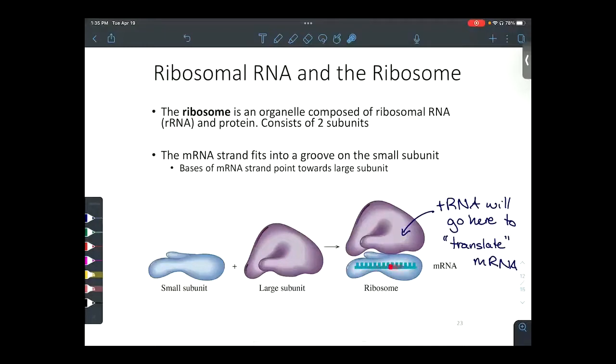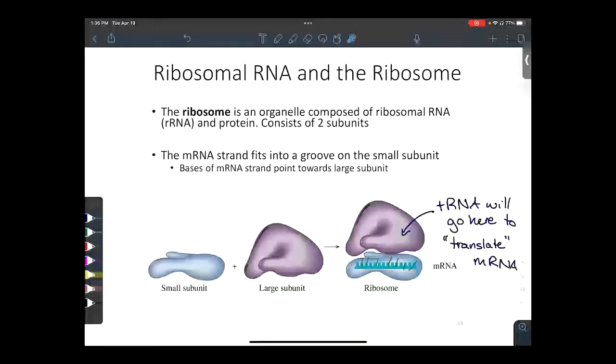And so here is your strand of mRNA, and note that the nitrogenous bases are pointing up, kind of flailed out. So tRNA can come in and read those nitrogenous bases that are sticking up. Your tRNA will go towards the big subunit and read the letters, the nitrogenous base codes being presented from the mRNA. So this is just a place where those things come together. All right, so that's rRNA.